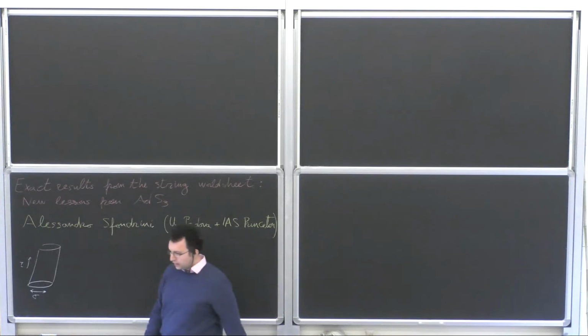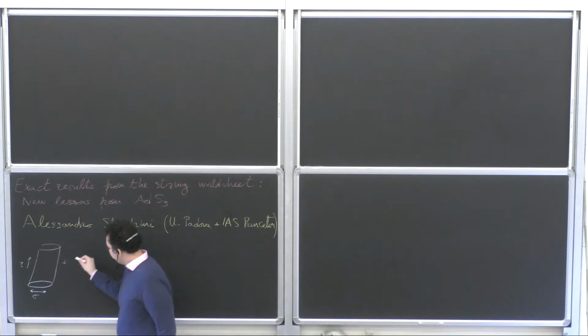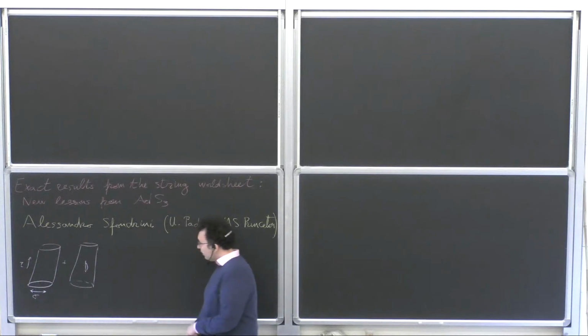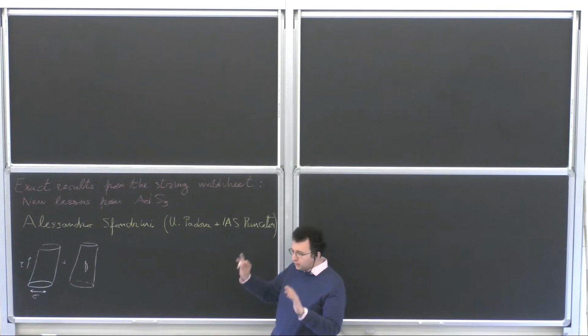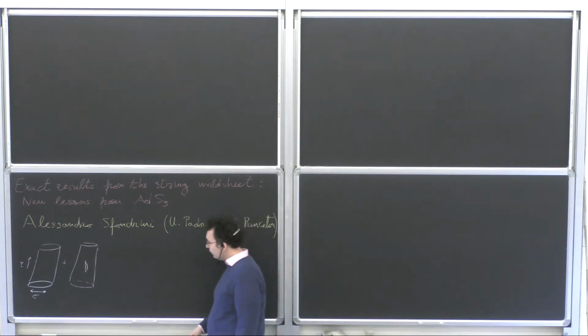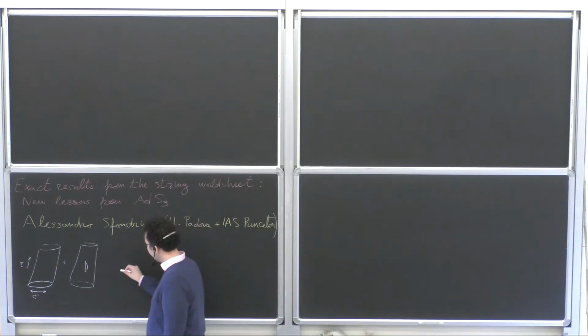Even when you want to study these perturbations around this picture where you have higher genus corrections, this is actually something almost impossible in all but the very simplest backgrounds. And this is just the simplest thing, the propagation of the string.